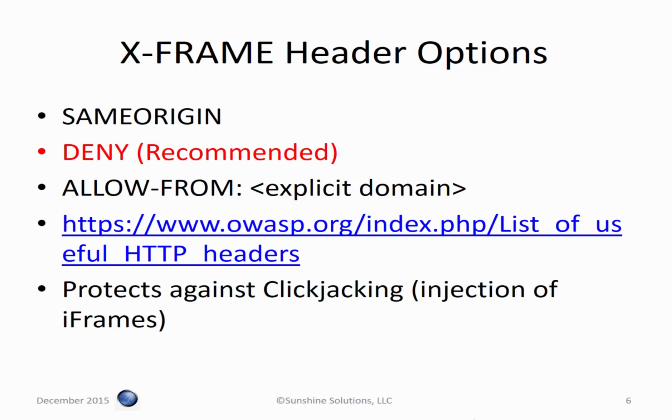Now, if there is no need to allow for the reading of any foreign resources, whether they be pages or images, etc., we should set this to deny. If there have to be explicit domains incorporated, which is commonly done, if you have images and you want to import them from one site into another, you can actually have an explicit allow-from.